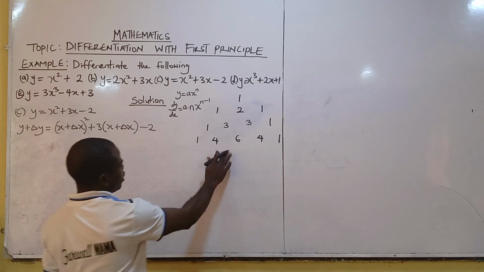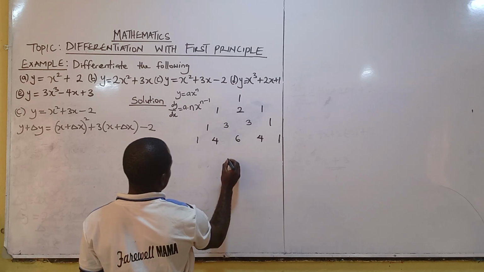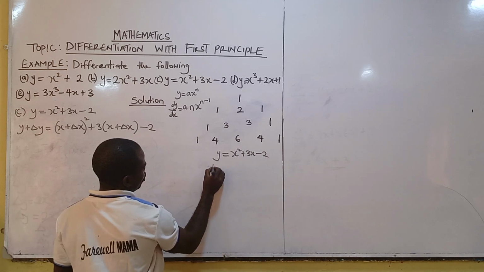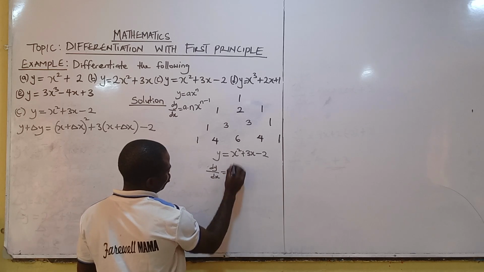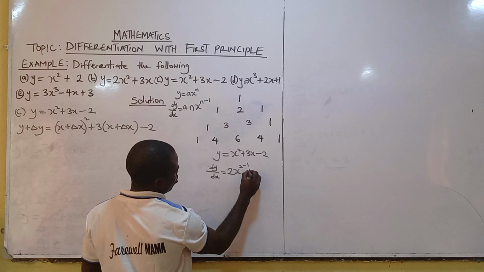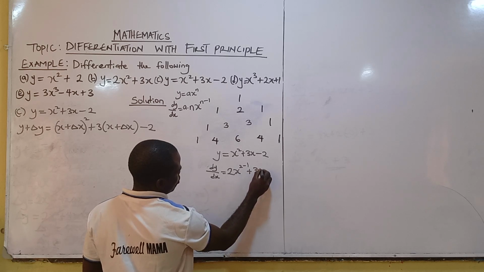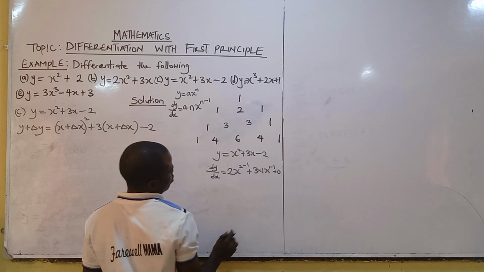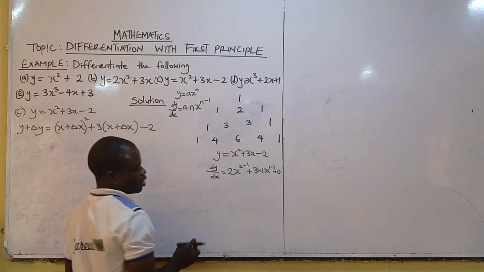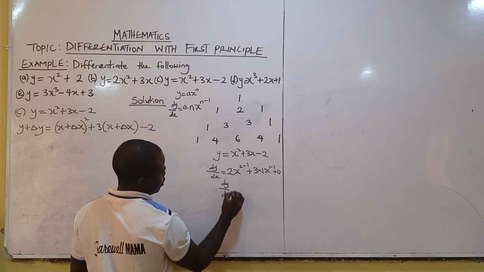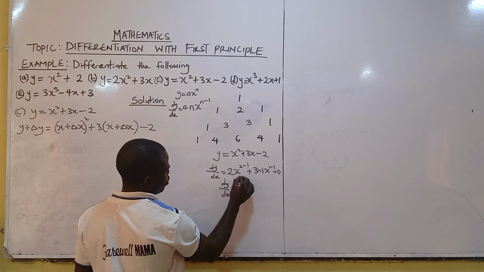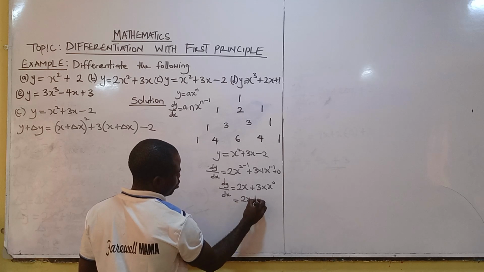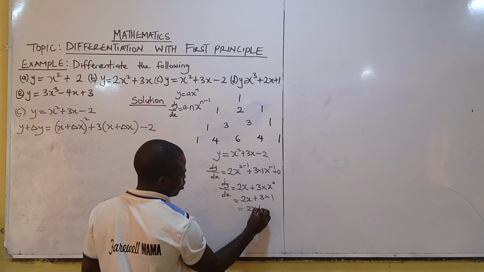Now let's do the differentiation using the general method. y equals x squared plus 3x minus 2. dy over dx equals 2 comes to the front, x to the power 2 minus 1, plus 3 times 1, x to the power 1 minus 1, plus 0, because minus 2 is a constant, comes to 0. dy over dx equals 2x, 2 minus 1 is 1, 2x plus 3 times x to the power 0, equals 2x plus 3 times 1, equals 2x plus 3.